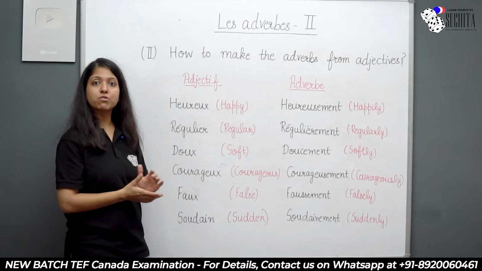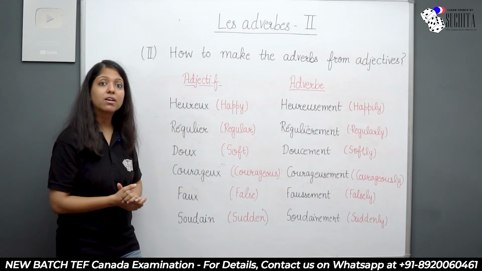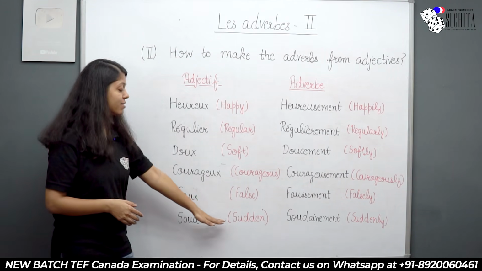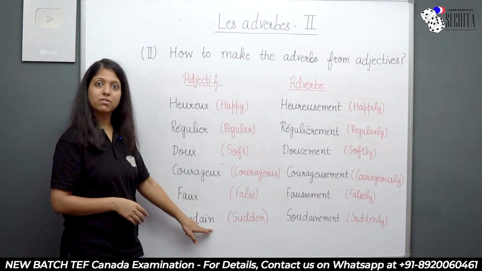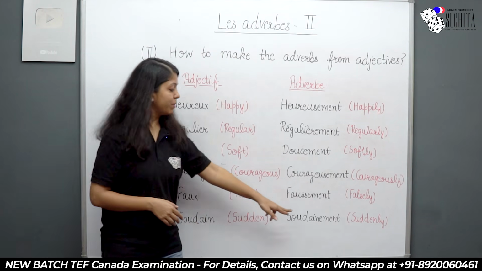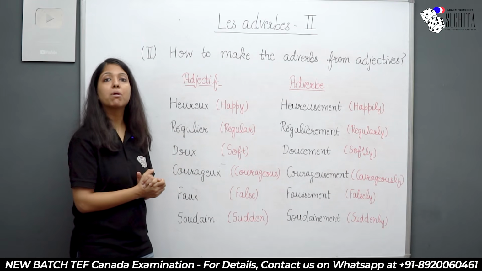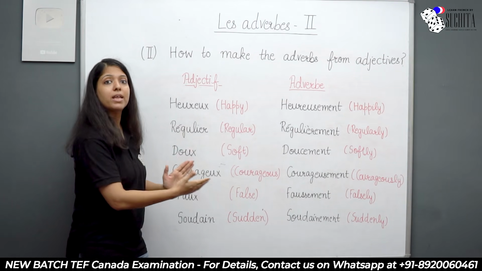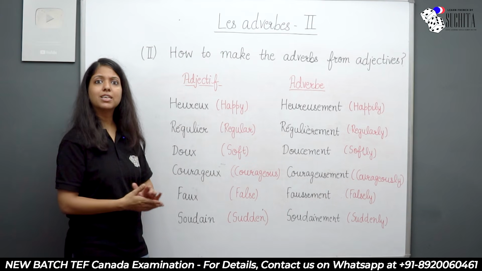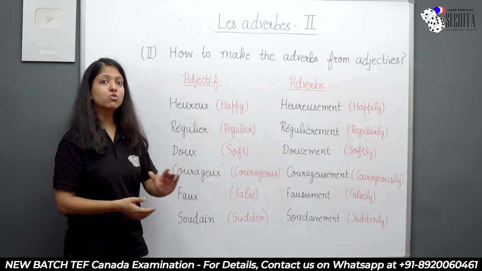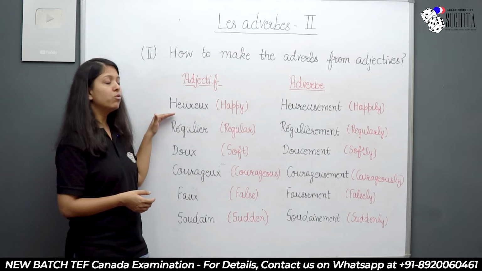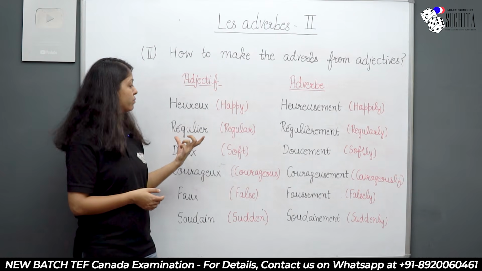Faux, faussement. Next is soudain. Soudain, which means sudden. Again, that ends with a consonant, N. So first make its feminine by adding E, soudaine, and then add ment to it. So it becomes soudainement. Sudden, suddenly. I repeat it for you. Heureux, heureusement.